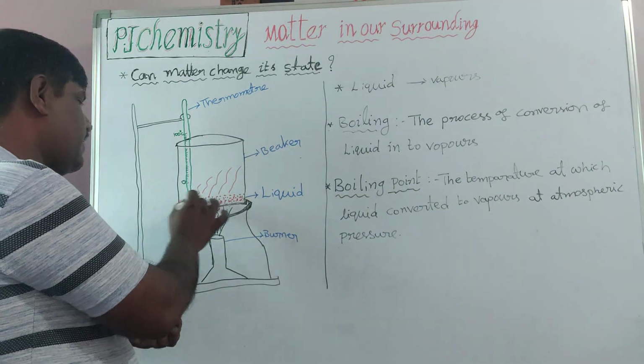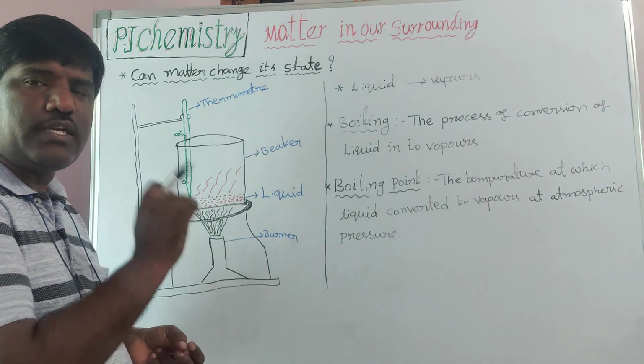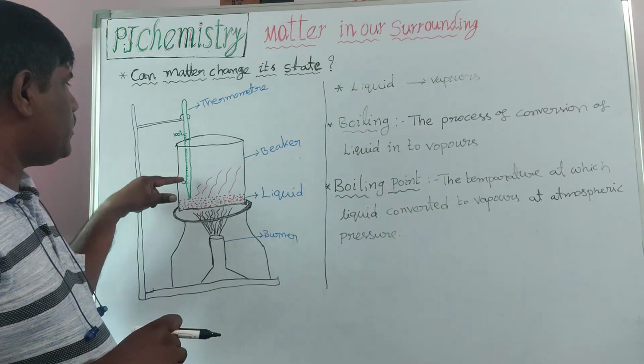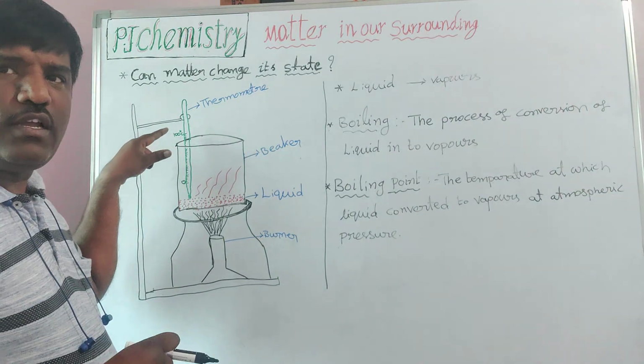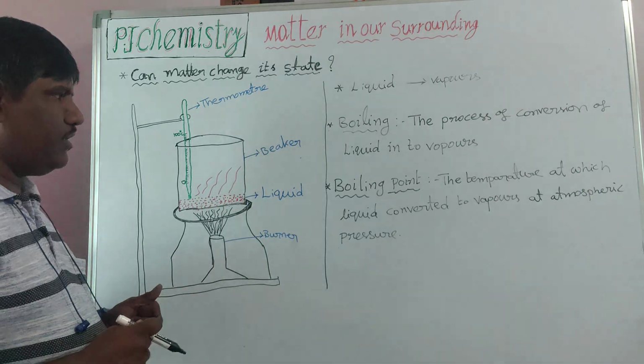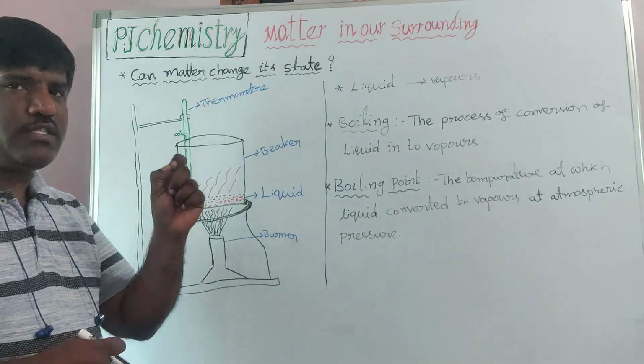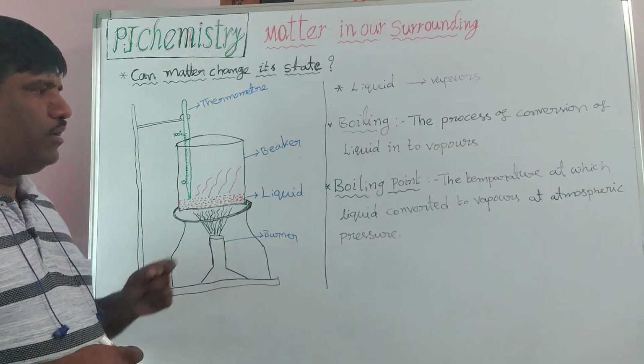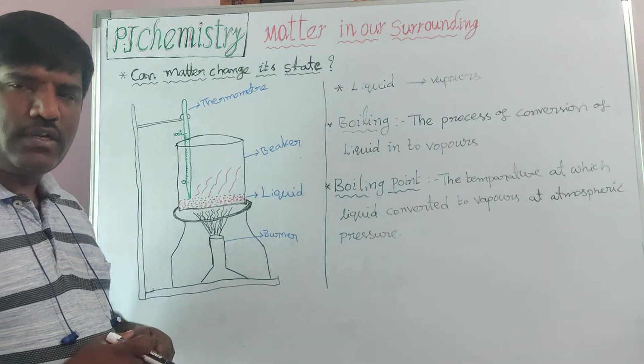Once the surface molecules reach 100 degrees Celsius, the thermometer shows the temperature rising. That particular temperature we call the boiling point of water.